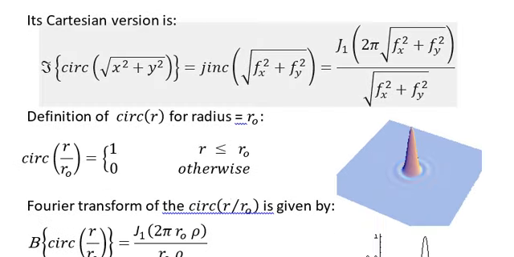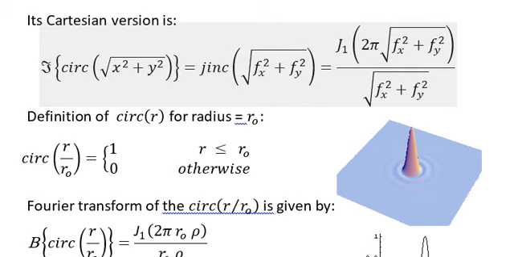Okay, in Cartesian form, let's represent the Fourier transform of the circ function. Over here, look at this. This is the Fourier transform of the circ function, but if we write the r in terms of the Cartesian coordinates, we can replace r by the square root of x squared plus y squared. Since we are working in Cartesian coordinates, we replace the operator by the Fourier operator we have been using for Cartesian coordinates. Now this is equal to the jinc, as we have evaluated earlier, that the Fourier transform of the circ function is actually a jinc function, but the rho will now be replaced by the Cartesian coordinates in the Fourier domain.